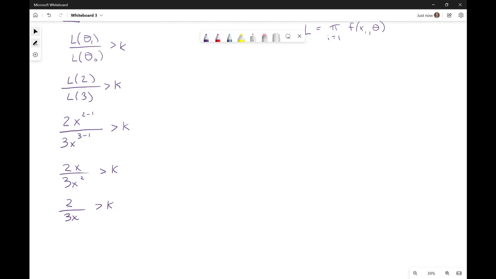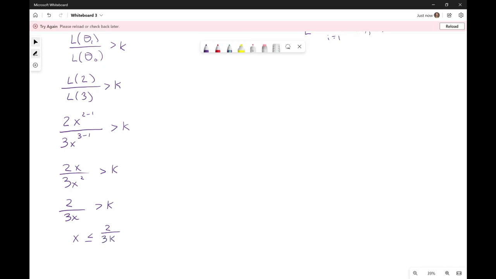In order to get that into the form of x, we manipulate that, and that gives us x is less than or equal to 2 over 3k. And we are going to allow this to represent K star.